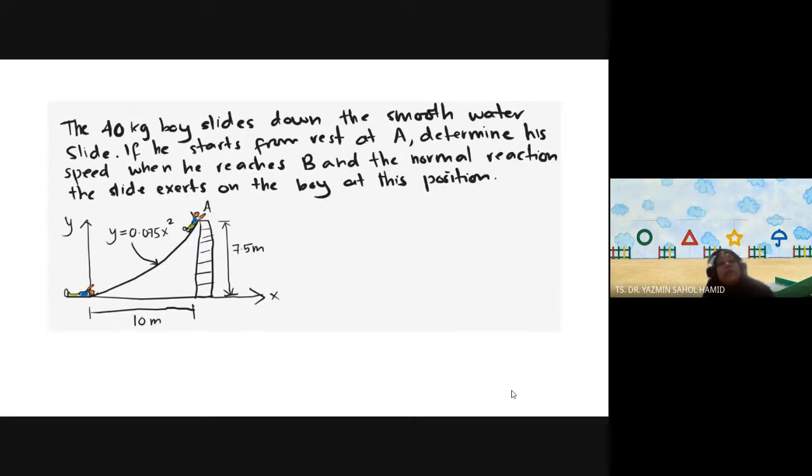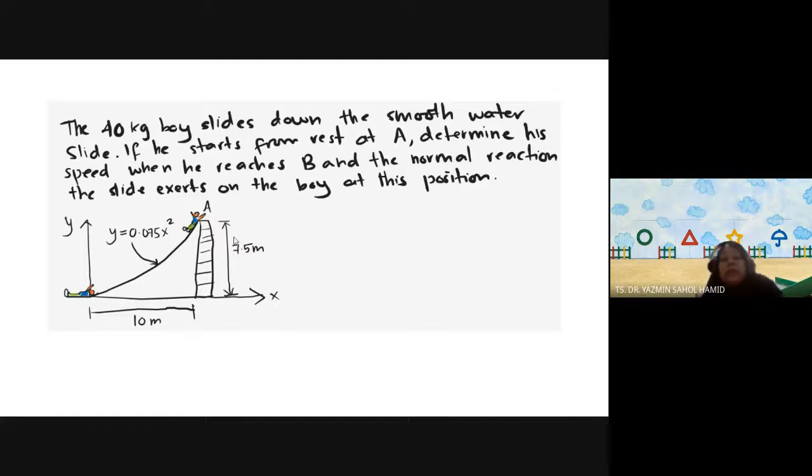If he starts from rest at A, determine his speed when he reaches B. Can you see the boy? He is at A, he climbs the stairs up there, and then he slides down to point B.